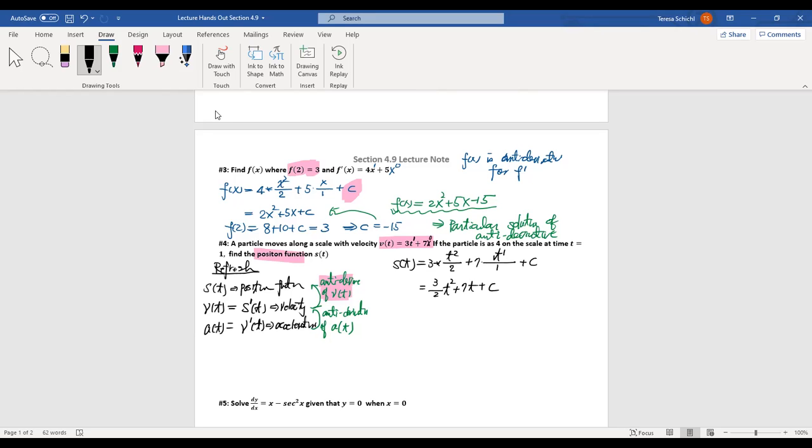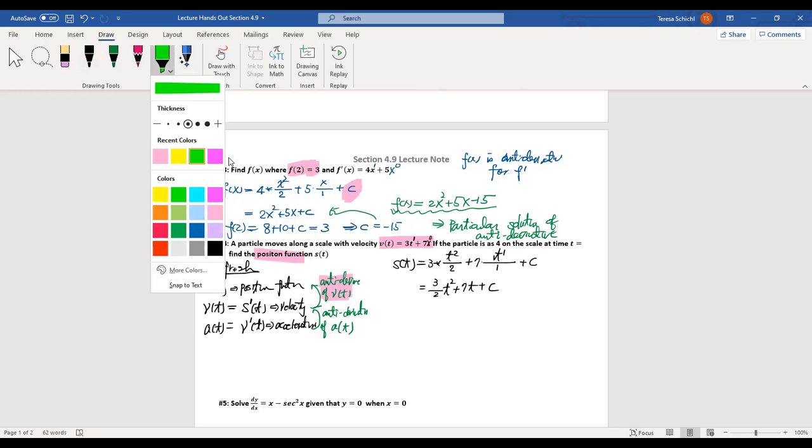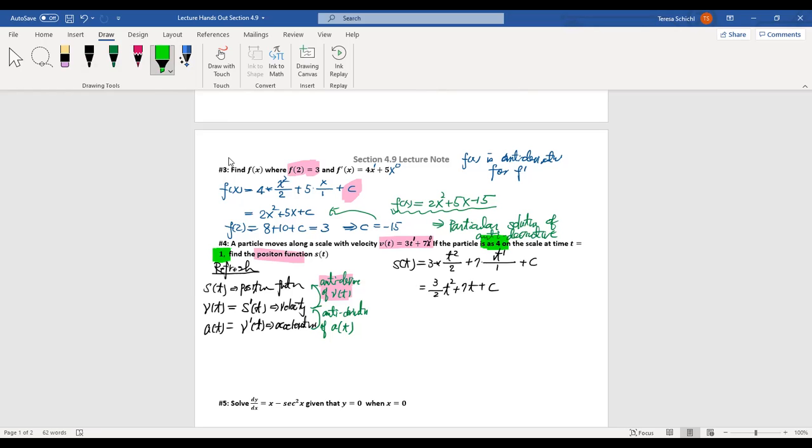And now I need to find this very specific position function, because it tells us the position is at 4 when t is 1. So when t is equal to 1, you have 3/2 times 1 squared plus 7 times 1, plus c. And when t equals 1, the position is equal to 4, right?